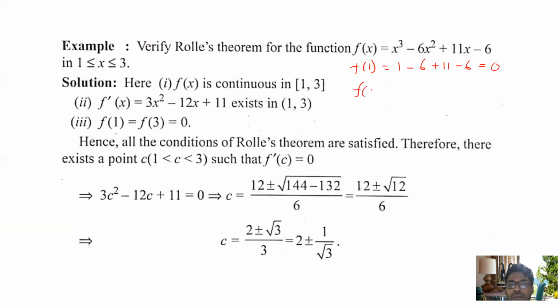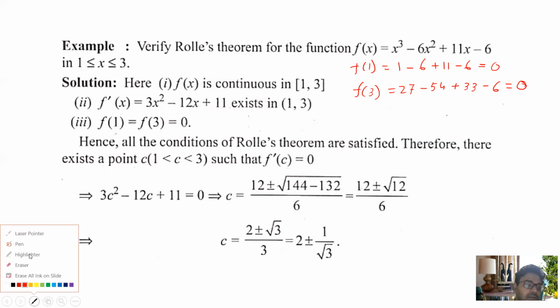Now f3 is equal to 27 minus 54 plus 33 minus 6. Please check how much. That is 60 minus 60, 0. Okay, so from here it is clear that fa is equal to fb.